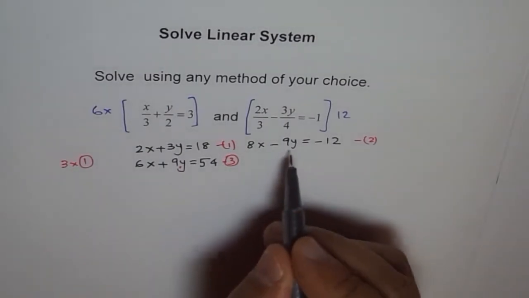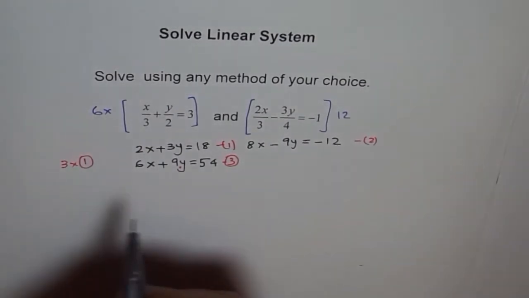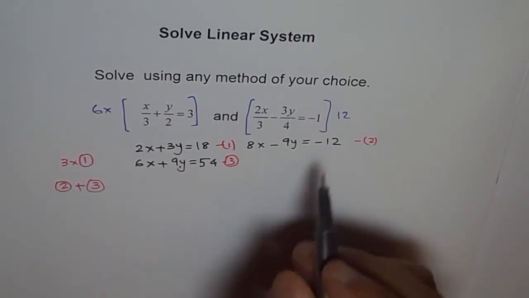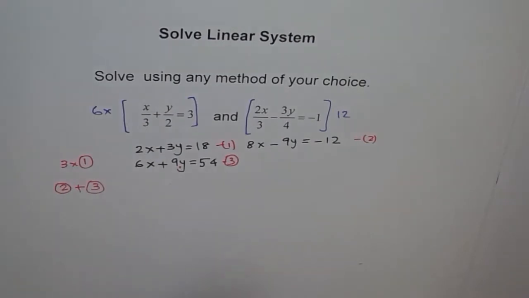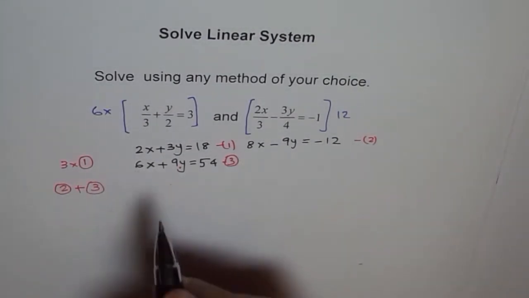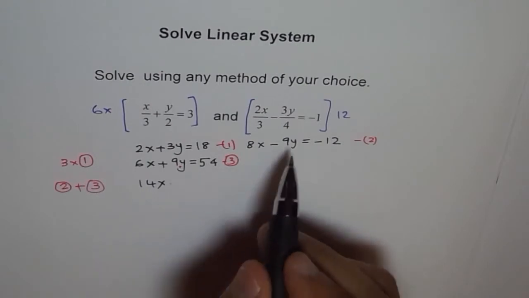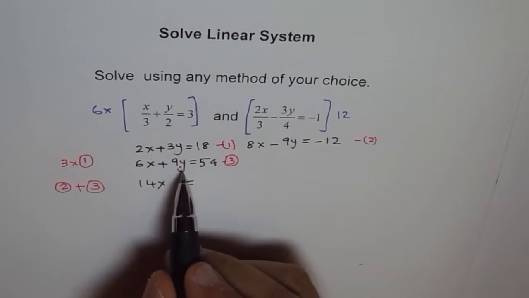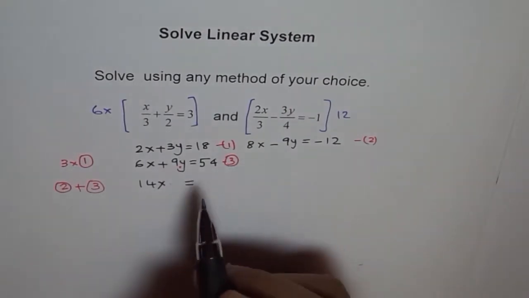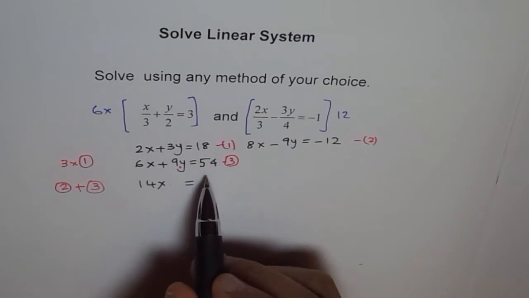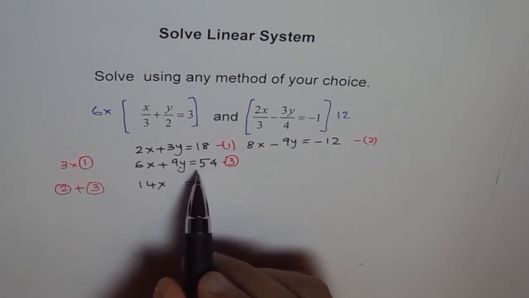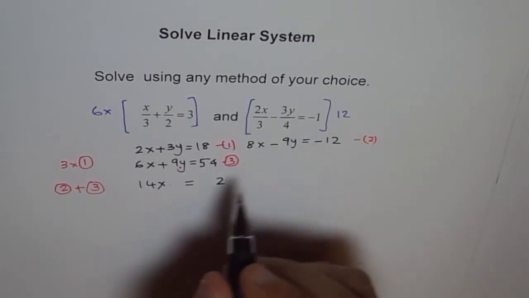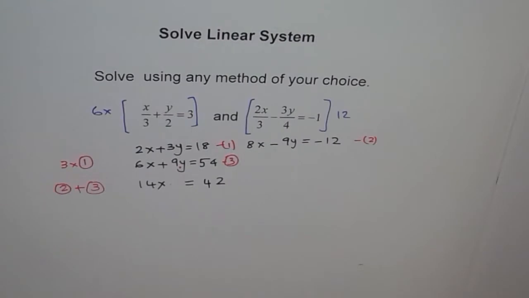So if I add these two equations, equation 2 plus equation 3, what do I get? I get 8 plus 6 as 14x, and minus 9y plus 9y gives me 0, right? So we eliminate y. That's the elimination method. And when we add them up, 54 minus 12 is 42, correct?